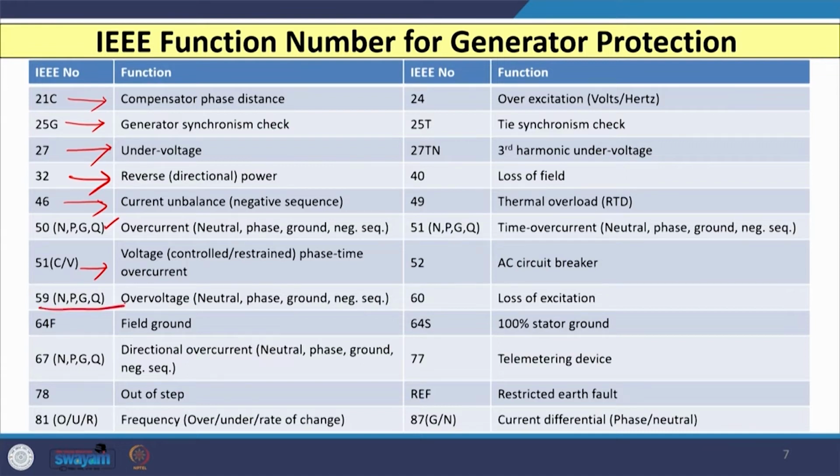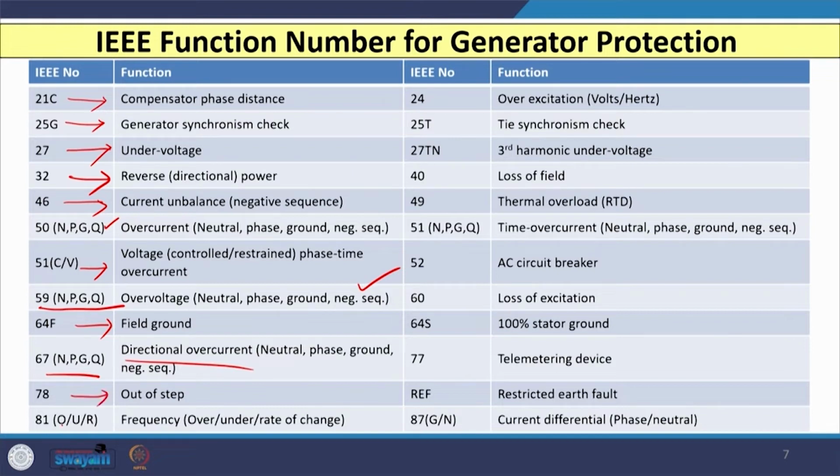We do have the 59 which is meant for the over voltage function, and over voltage can be in the neutral circuit, can be in phase or ground circuit, or can be in the form of negative sequence. 64F is meant for field ground, 67 is again for directional overcurrent and it can be in neutral, phase, ground, or in the form of negative sequence.